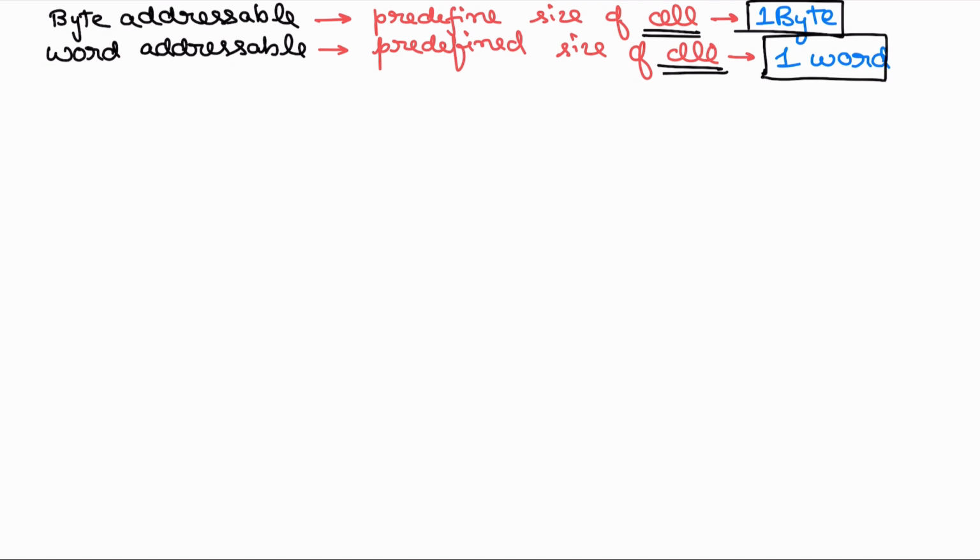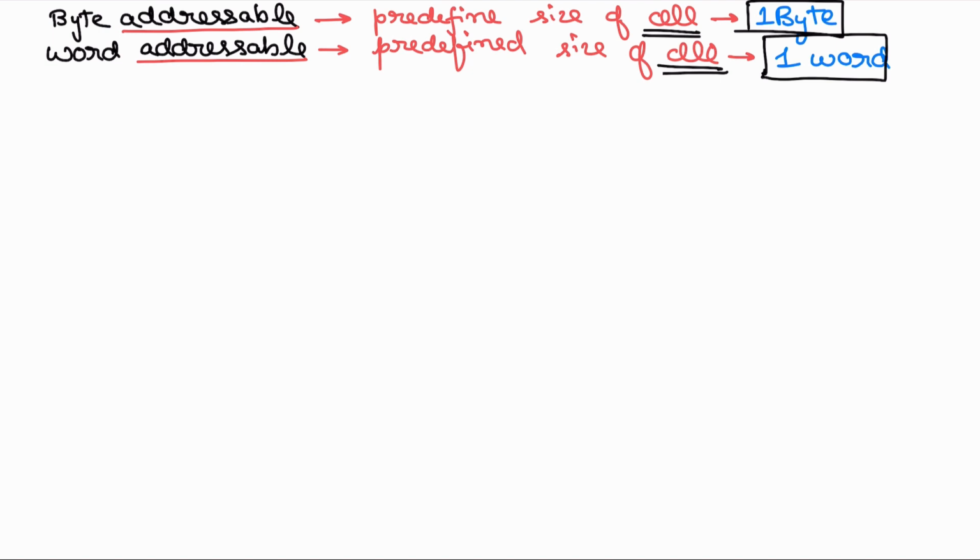Now you must be having this question: what exactly does addressable mean? The CPU eventually fetches the content, like instructions and data, from main memory, right? If the CPU wants to fetch data, it must know the location where the content is present.